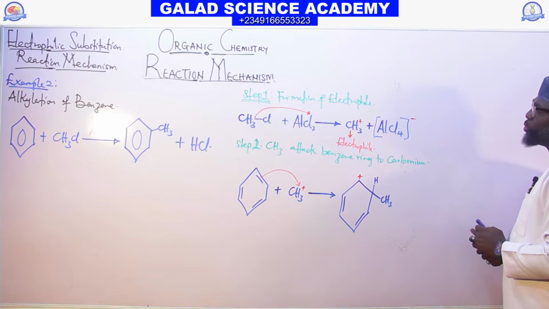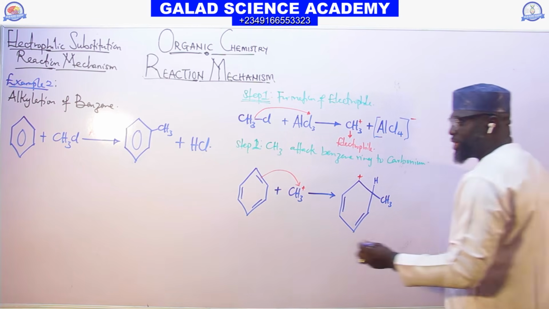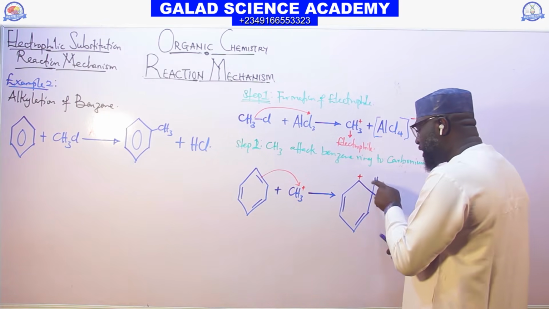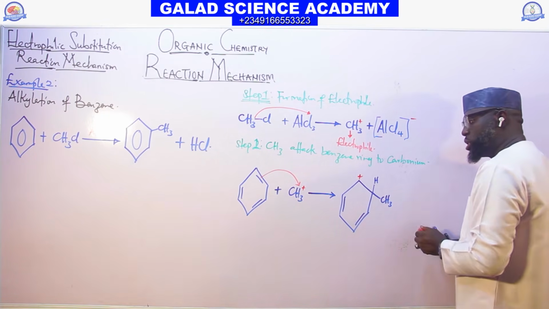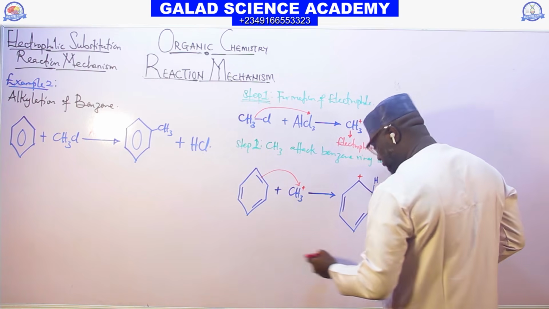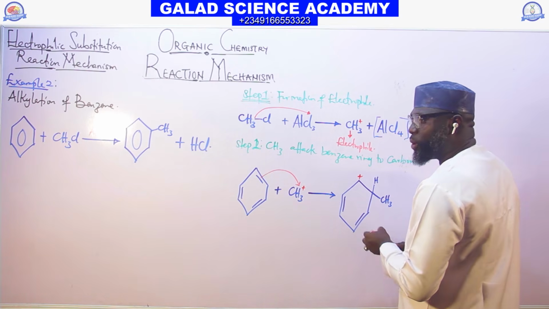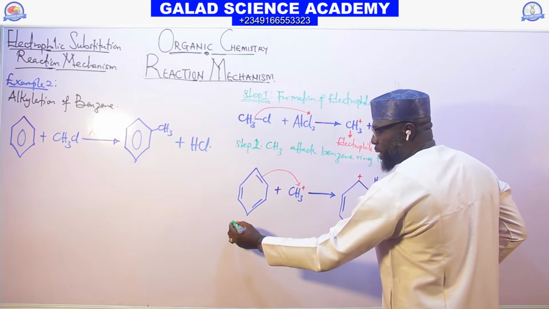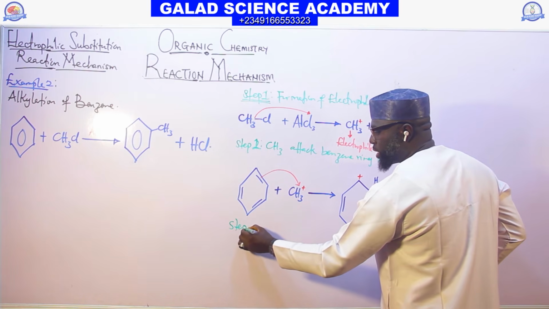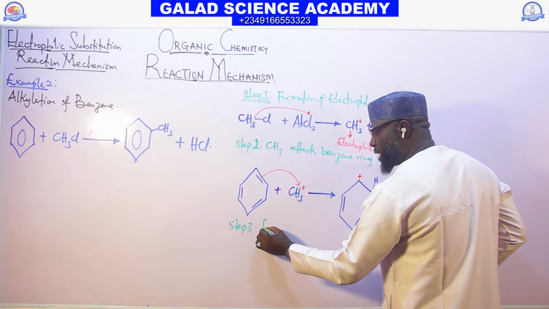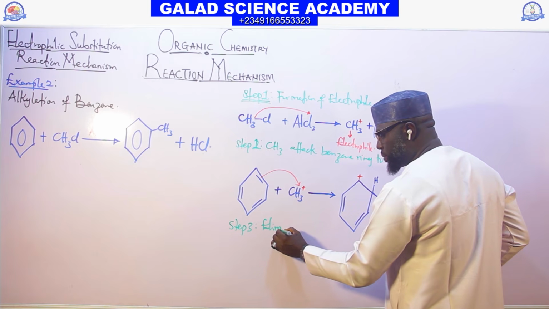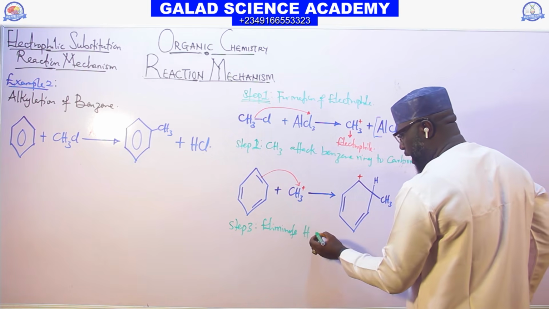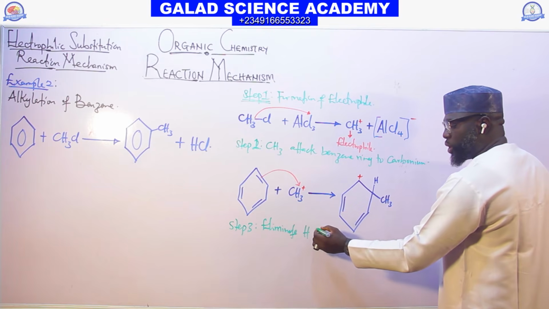This now leads us to step 3. At step 3, we lose the hydrogen ion. We eliminate the hydrogen ion to give the substituted product.